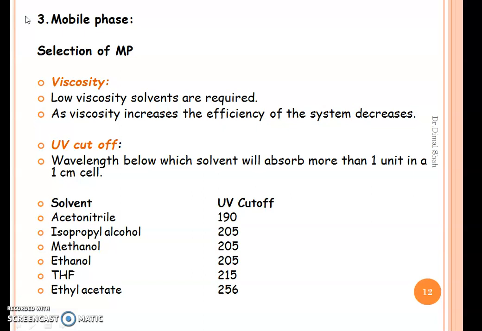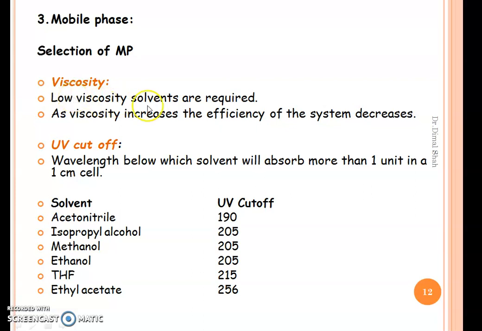For HPLC, the stationary phase and mobile phase are the two important parts of a system, and they decide whether the elution or separation of your complex mixture will occur or not. The selection of the mobile phase depends on various factors. The first is viscosity.